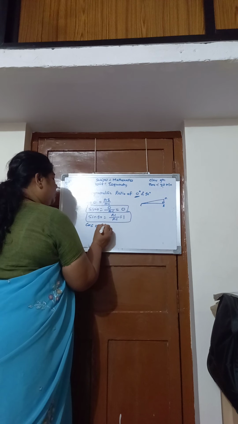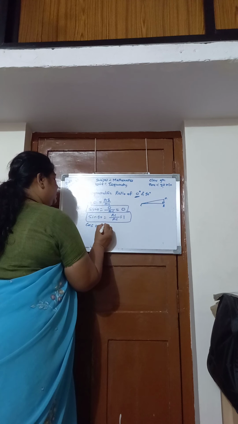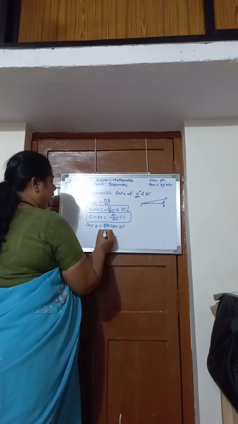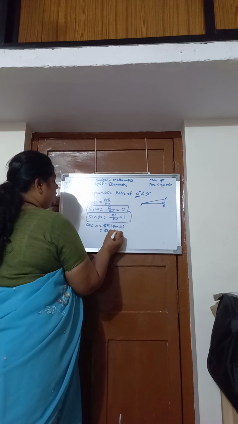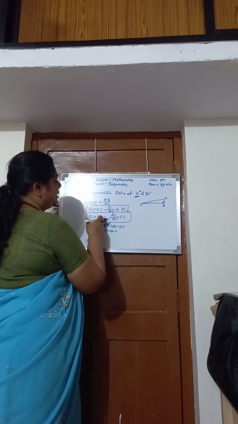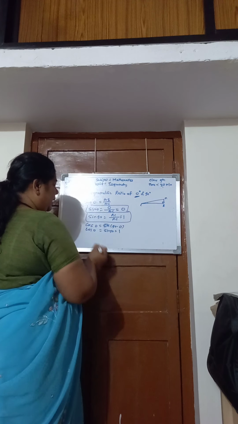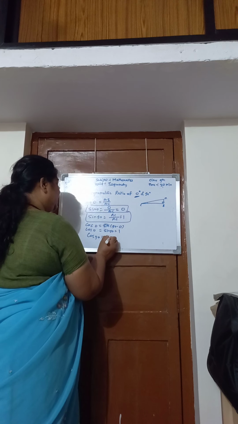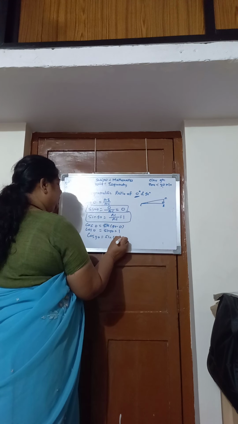Then we have to calculate cos 0. Cos 0 equals sin of 90 minus 0. That is, 90 minus 0 means sin 90. Cos 0 equals sin 90. What is the value of sin 90? That is 1. And we have to calculate cos 90. Cos 90 equals sin of 90 minus 90.